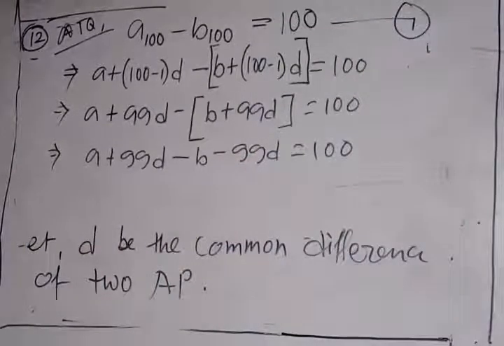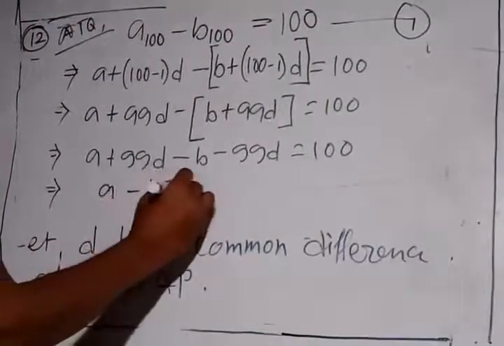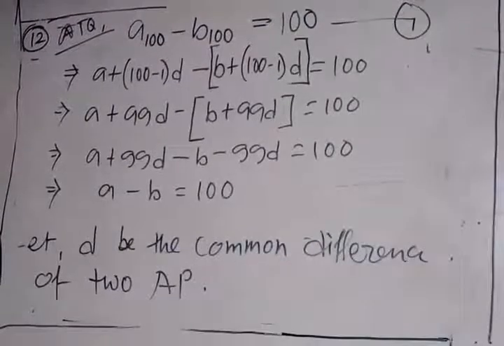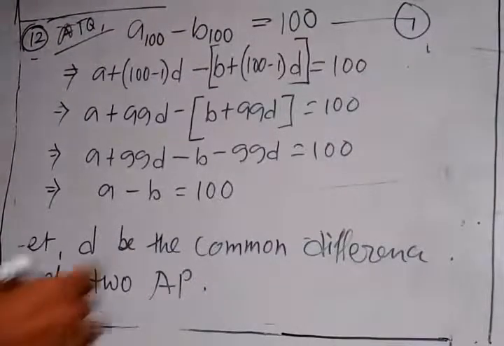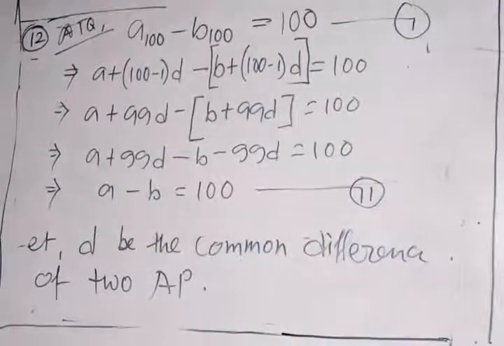Plus 99D minus 99D will be cancelled out. Ultimately we will be left with A minus B equal to 100. This is equation number 2.